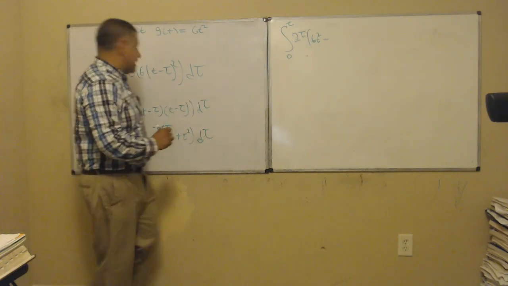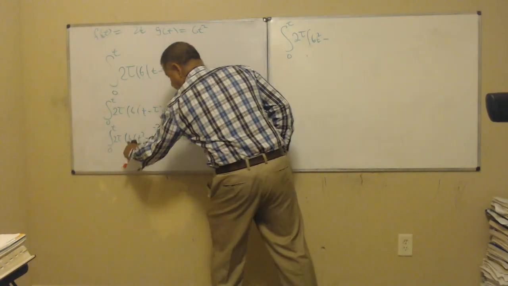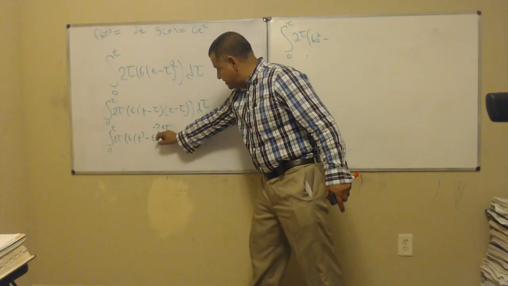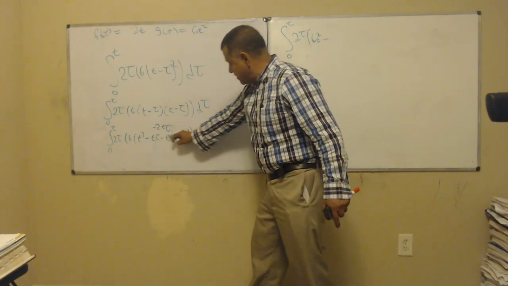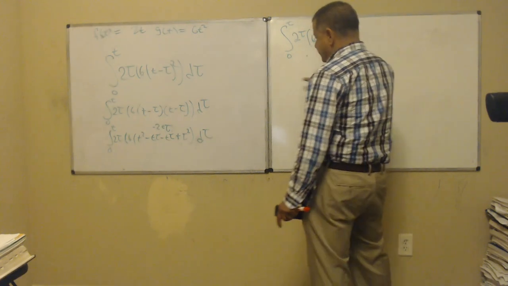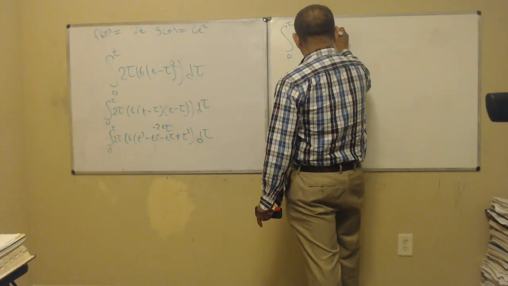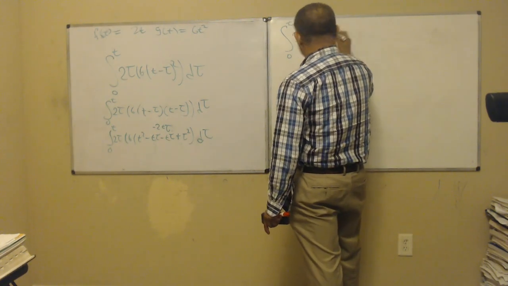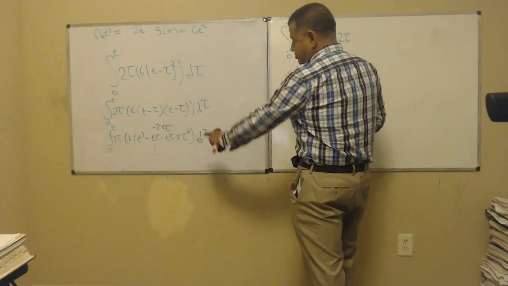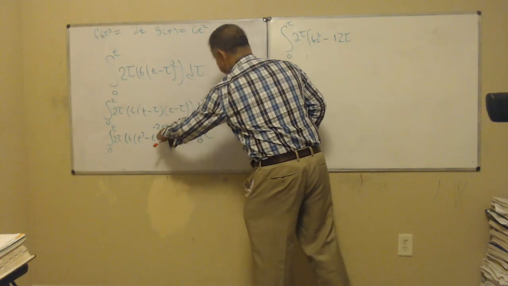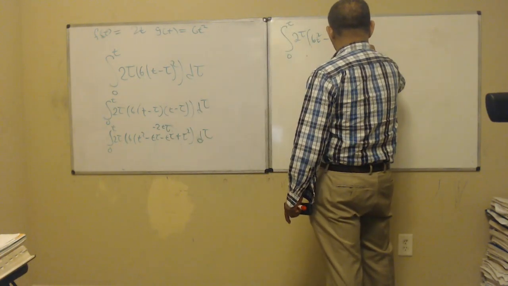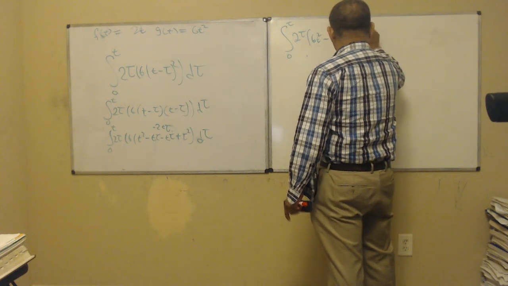So that 6 gets multiplied by this 2 t tau, and I get 12 tau t.